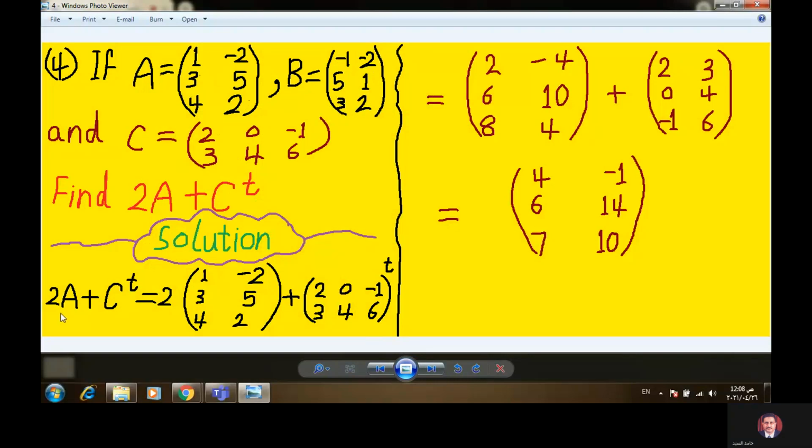Solution: 2A plus C transpose equal 2 times this matrix of elements 1, negative 2, 3, 5, 4, and 2 plus this matrix of elements 2, 0, negative 1, 3, 4, and 6, all of this transpose.